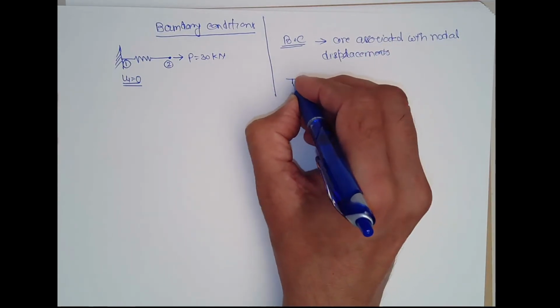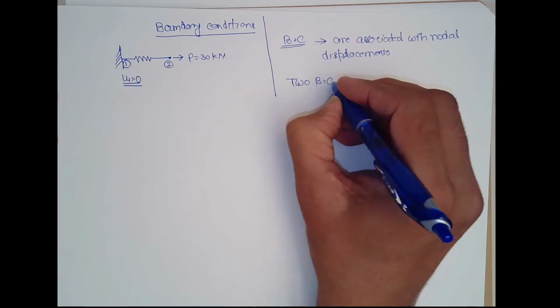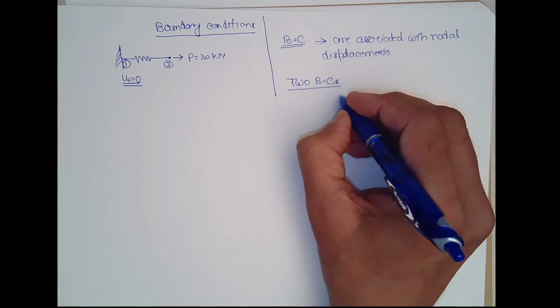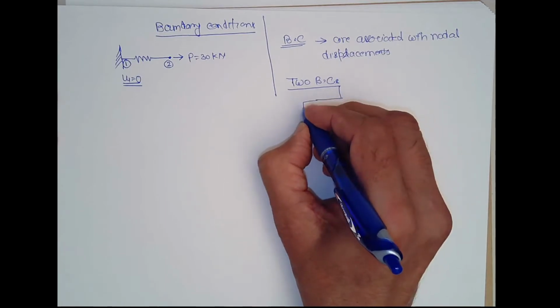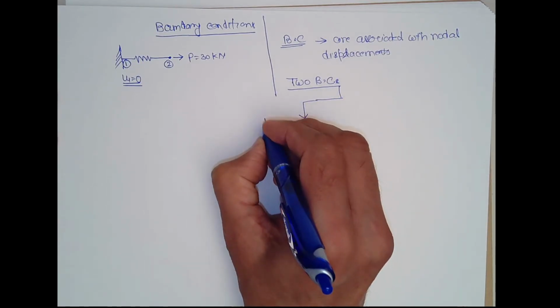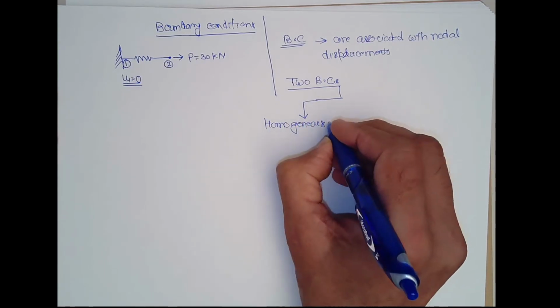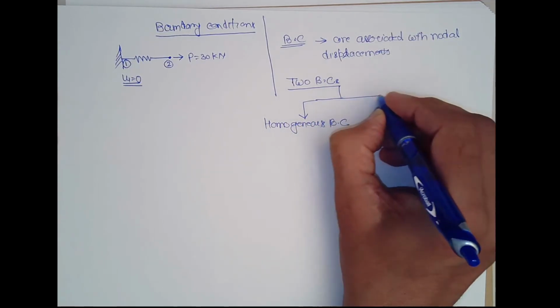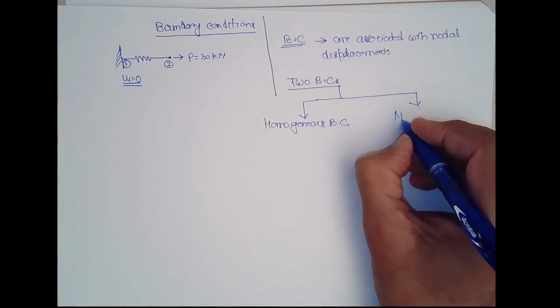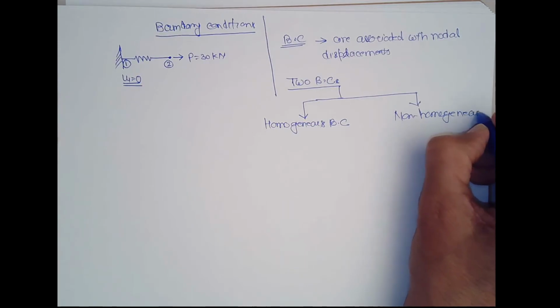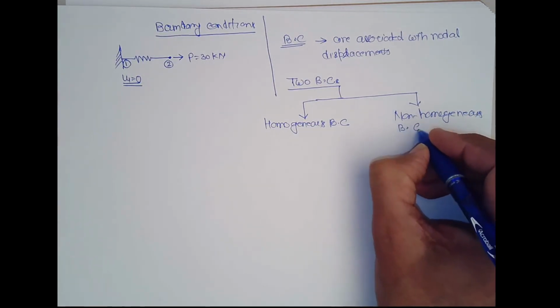So there are two types of boundary conditions. One is the homogeneous boundary condition, and another we call the non-homogeneous boundary condition.